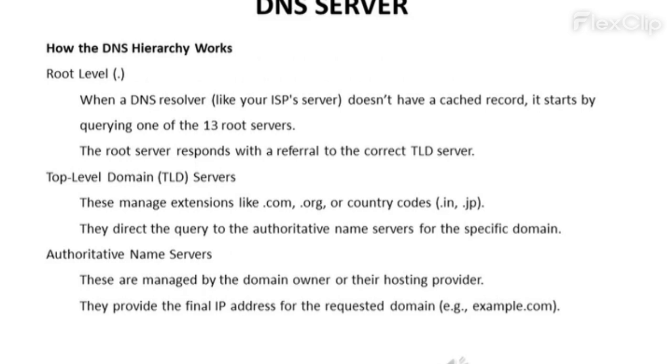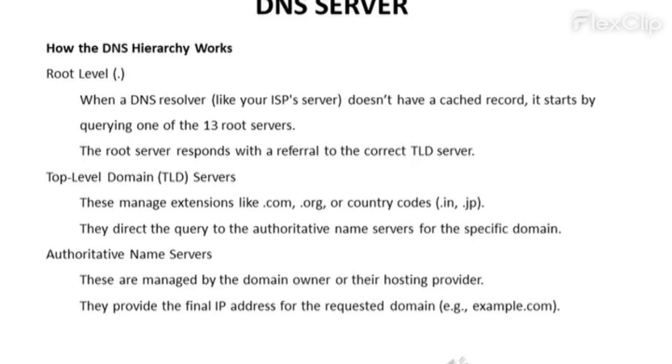The root DNS server directs queries to the TLD, the 13 root servers worldwide. Then the TLD server manages domain extensions .com, .org, .net and the likes. And the authoritative DNS server holds the actual DNS records for the domains.